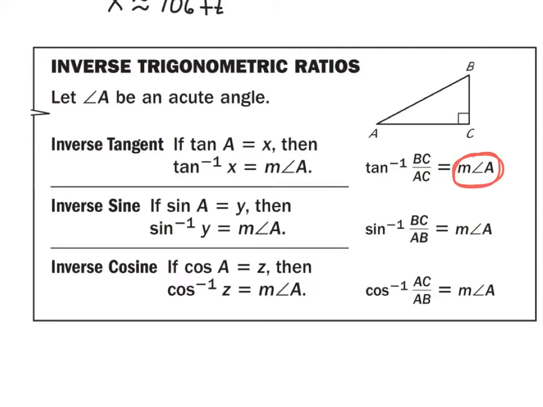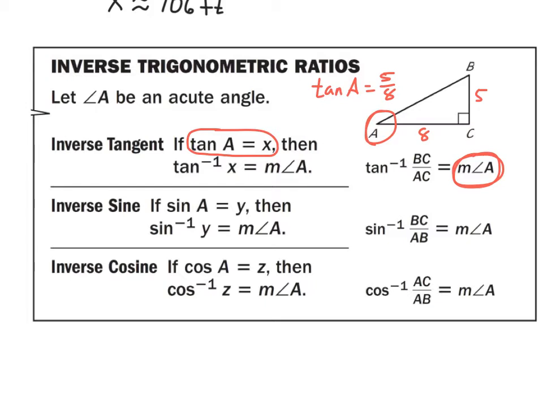So if we're looking for angle A, and let's say we know that line segment BC is 5 and line segment AC is 8, then the tangent of angle A equals 5 over 8, opposite over adjacent.